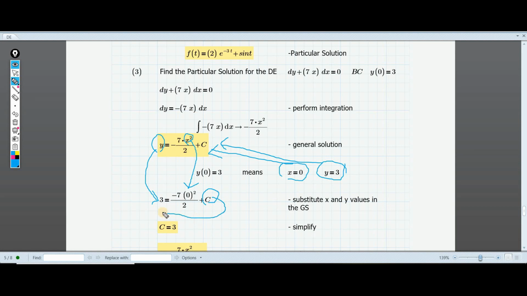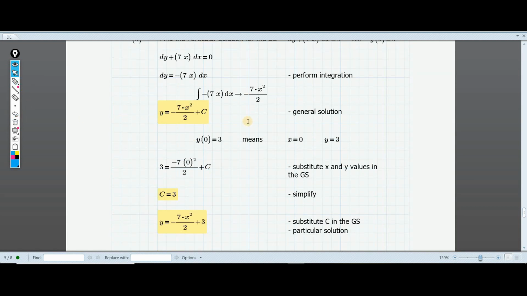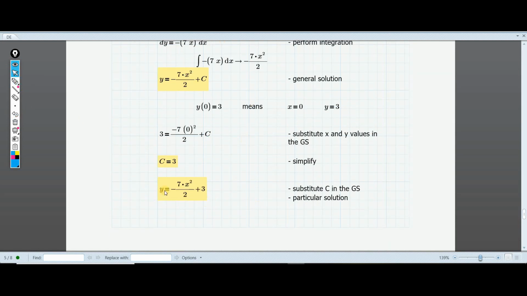So c is equal to 3. Now that we know c, where do we substitute it? Let us see. Okay, here it is. We substitute it into our general solution. So, this is our particular solution.